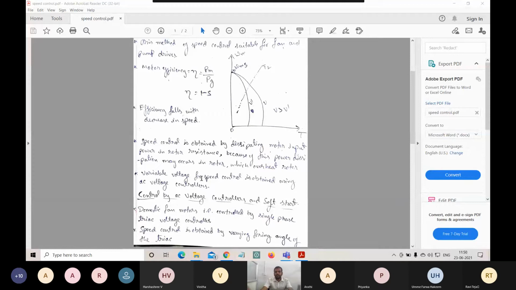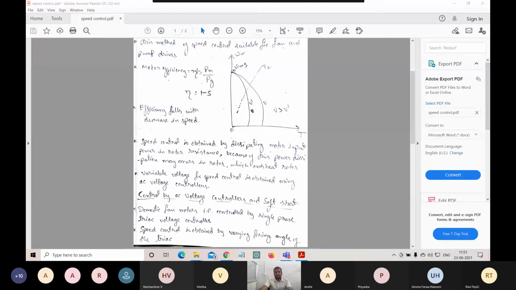So we have concluded two points here. Speed control is obtained by dissipating the motor input power, Pm. Efficiency is directly proportional to speed. Here the efficiency is controlled by reducing the input of our motor, and the efficiency is directly proportional to speed.